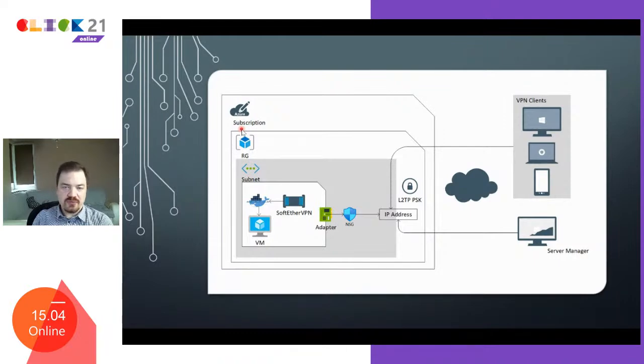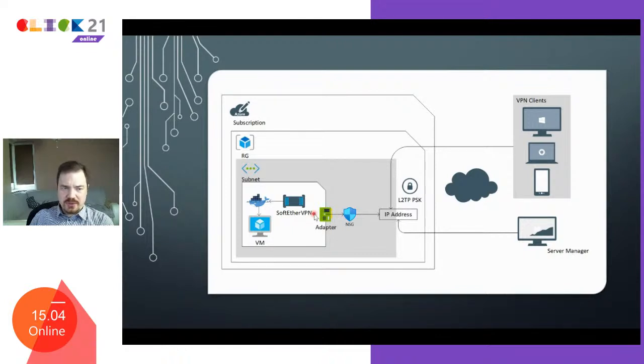In our case, all of the resources for our setup will be stored in one resource group. Inside the resource group, we will create a subnet. And within this subnet, we would create a virtual machine and create a separate network adapter for this virtual machine.